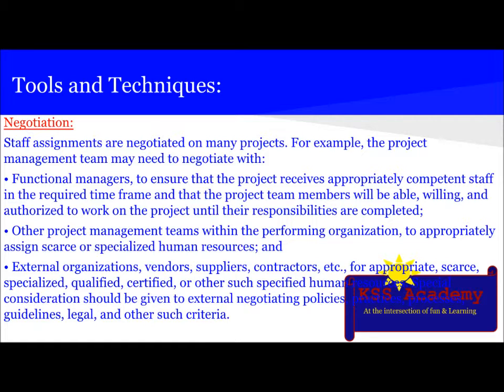Also with other project management teams within the performing organization to appropriately assign scarce or specialized human resources, and with external organizations, vendors, suppliers, and contractors, etc., for appropriate scarce, specialized, qualified, certified, or other such specified human resources. Special consideration should be given to the external negotiating policies, practices, processes, guidelines, legal, and other such criteria.